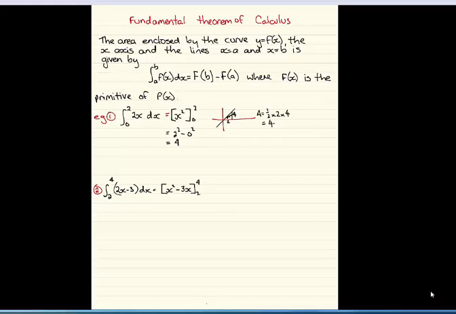Okay, then we're going to substitute in, so we get 4 squared minus 3 times 4, and then we subtract, now you substitute in your 2, so 2 squared minus 3 times 2, and we end up with 6. Now again, you can go and you can draw the picture and you can verify that. You end up with a trapezium in this case, and the area is equal to 6.